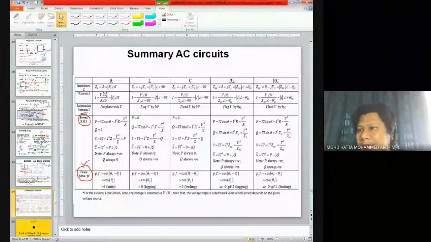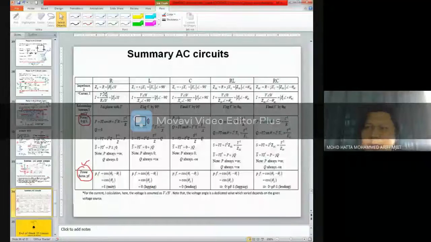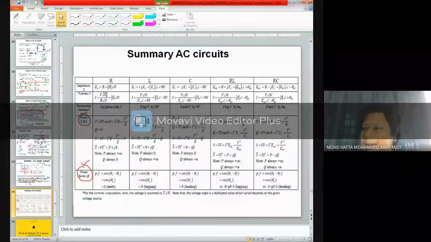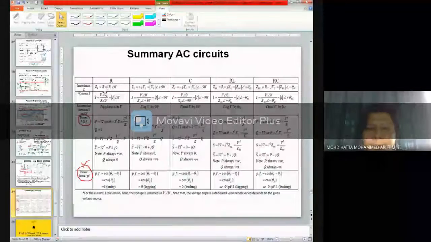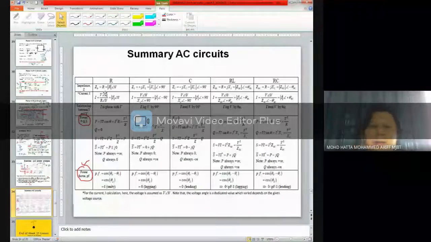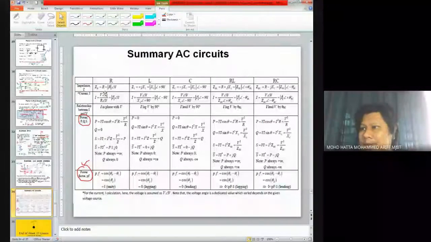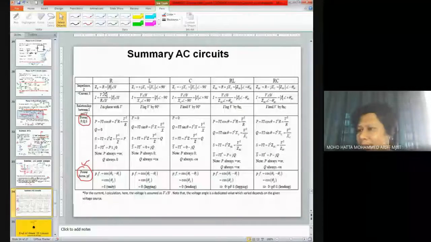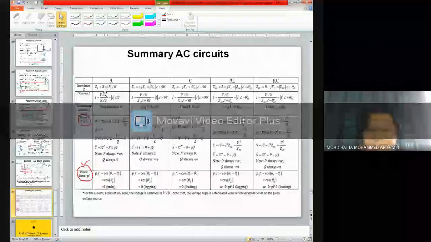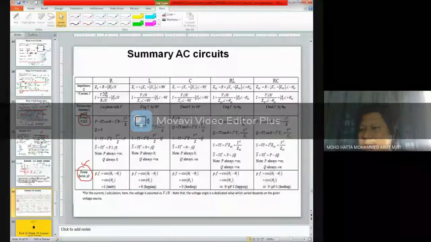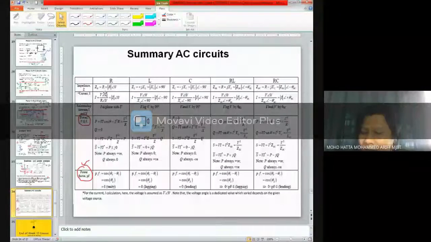And later on, the summary of how to calculate power, PQS, and also power factor. I think you can go through this one, or maybe we will go through this one later on during our revision class. But basically, this is just information for you. It's a summary of what you have learned in the second part of your semester.